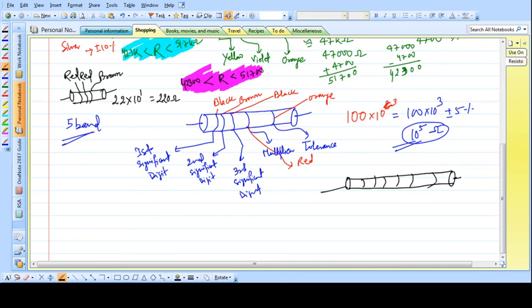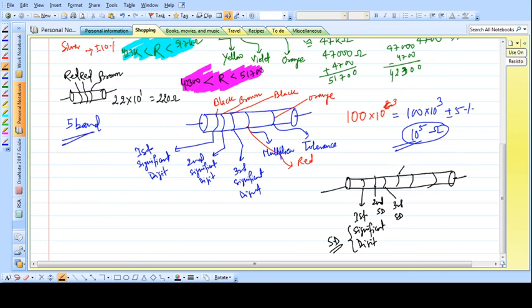This is your first significant digit, I am writing ST for significant digit, then the second significant digit, the third significant digit.